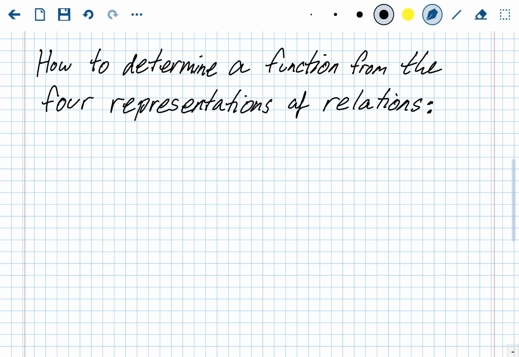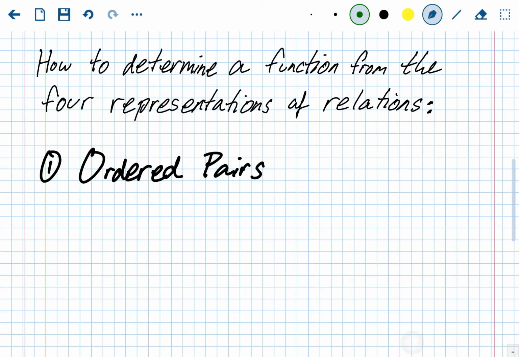First up, we'll do ordered pairs. I'll just number them. Remember, ordered pairs are x comma y. If you have a relation, you're just going to have a bunch of ordered pairs listed out. Okay. All right, so for a relation that's given to you in ordered pairs, for those ordered pairs to be a function, they cannot have any repeated x values.